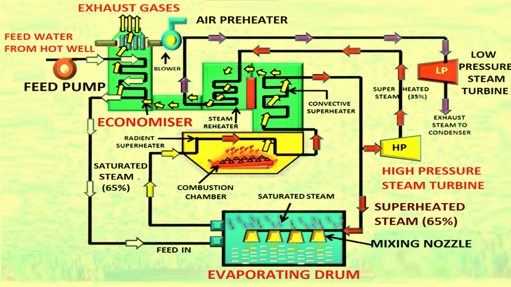Whenever the steam expands from the HP turbine, some moisture content will be there. This moisture content will be removed by the reheating process in the reheater, and then the steam will be expanded in the low pressure turbine. The amount of steam generated in the evaporator drum is equal to the steam tapped at 65% from the superheater.